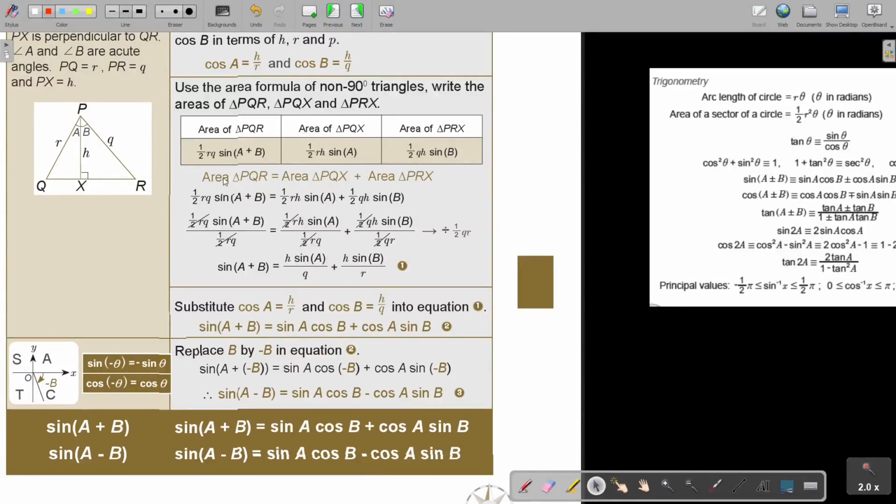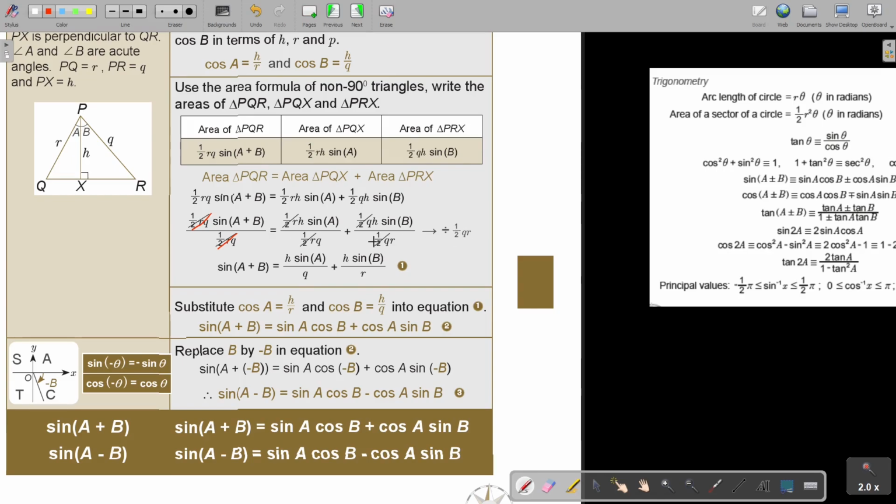So in the place of this, I substitute this, and in the place of this, I substitute this, and in the place of this, I substitute this. Now I divide by half qr. In this case, it works very nicely.